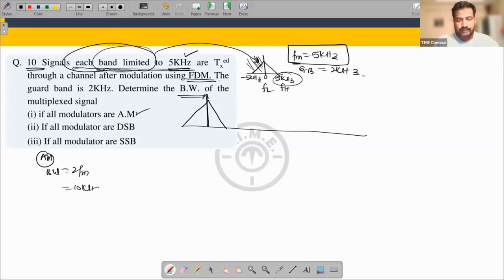It will take 10 kilohertz, followed by a guard band of 2 kilohertz. Next channel, 10, 2, 10, 2, it follows. Now tell me, if there are 10 signals to be modulated, what is the total bandwidth required?